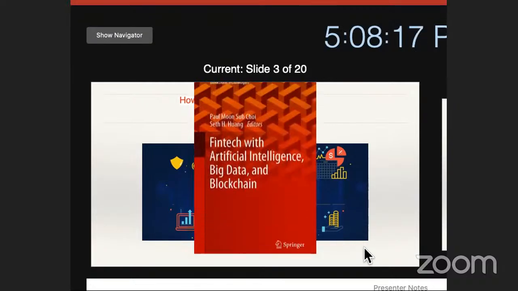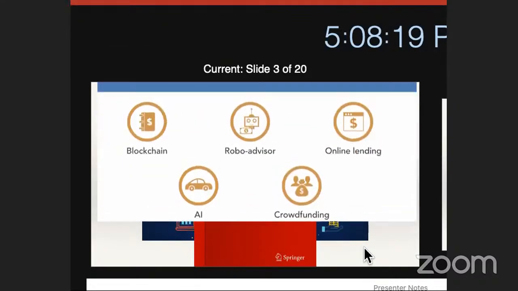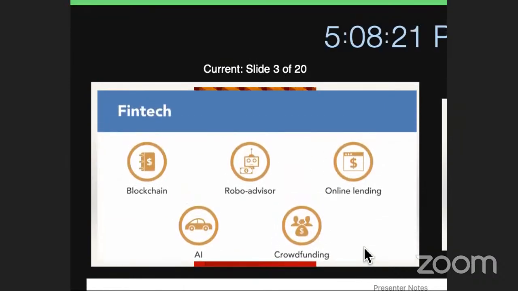This can include blockchain, robo advisors, automated investments, advisory services, online lending, crowdfunding, and a number of other areas. All these areas have the potential to disrupt traditional finance.